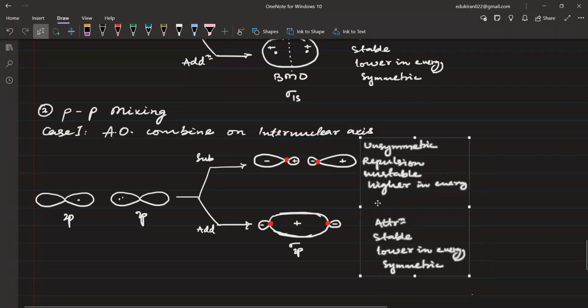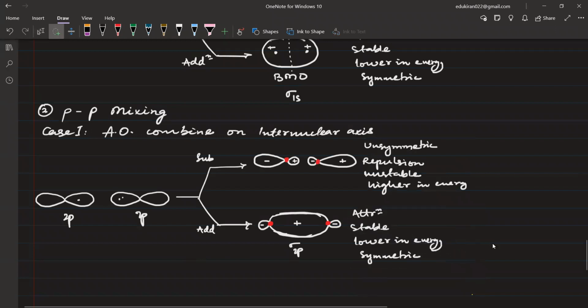Okay: unsymmetric, repulsion, unstable, higher in energy; attraction, stable, lower in energy. And if this is 2p, 2p, this will be known as sigma star 2p. This is your ABMO, and this is my BMO.